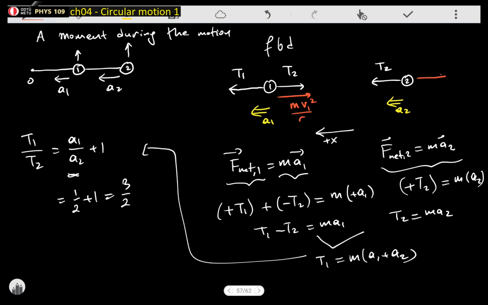And on this one, mass times v2 squared divided by 2r. Okay, so let me just say this. If you're thinking about solving this problem by using this kind of method, there are actually a few things wrong in here.